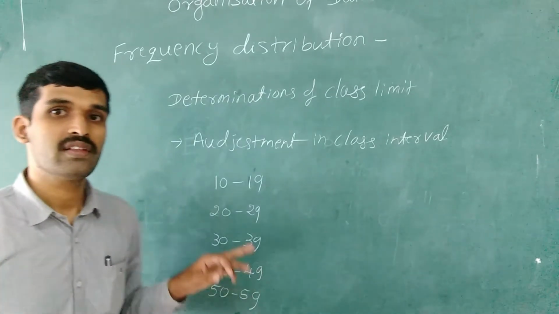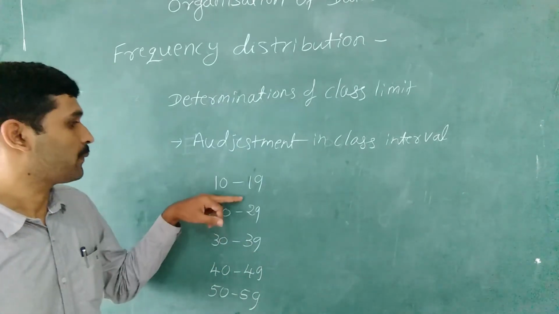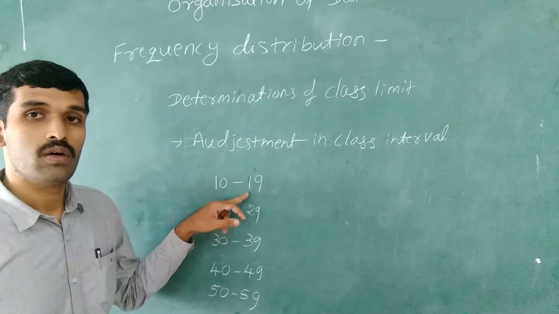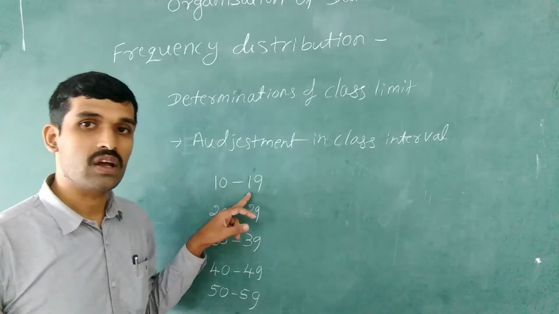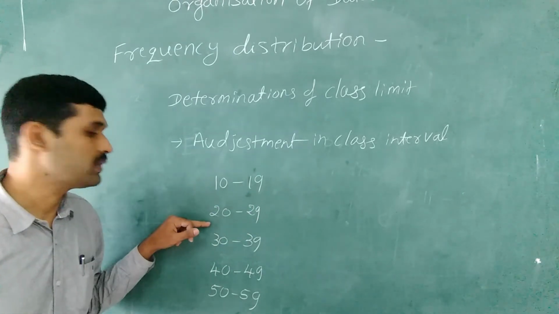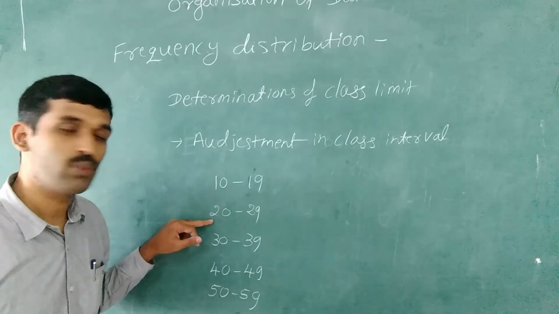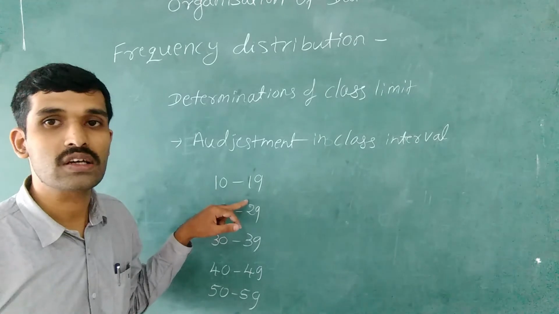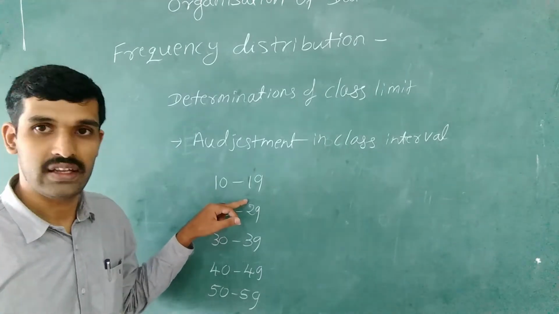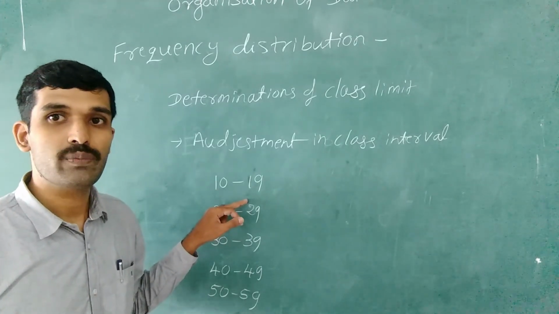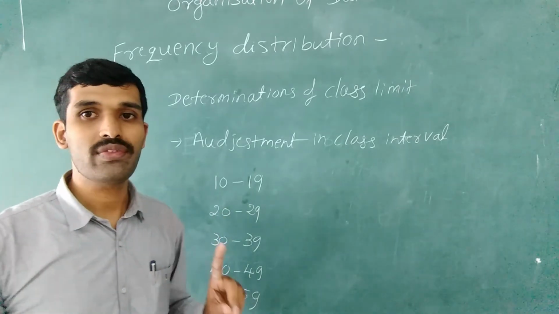In this, there is a difference between the upper limit of the first class and lower limit of the second class. Here, lower limit of the second class is 20 and upper limit of the first class is 19. So there is a difference of one value.